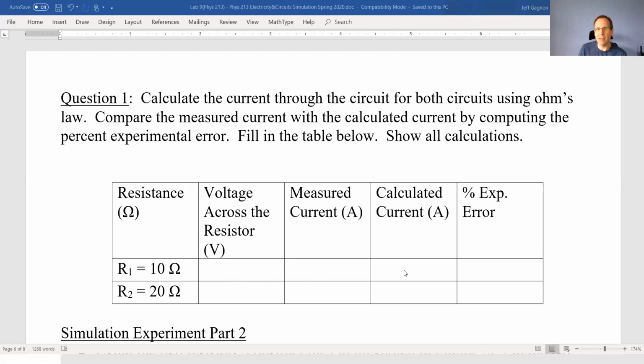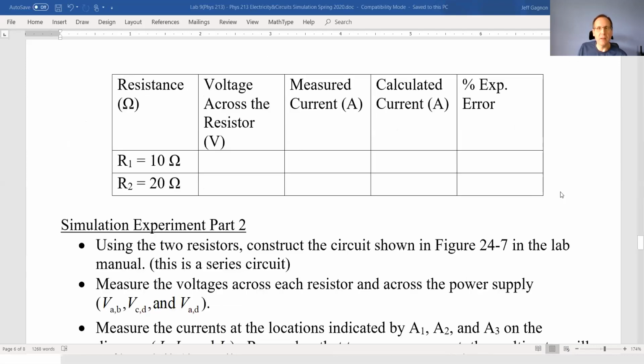Compare the measured and the calculated current. You can use the calculated current as your accepted value, right? So when you compute the percent experimental error, remember you have to divide by the accepted value, so in this case, divide by the calculated current. All right, so that's for the first part.